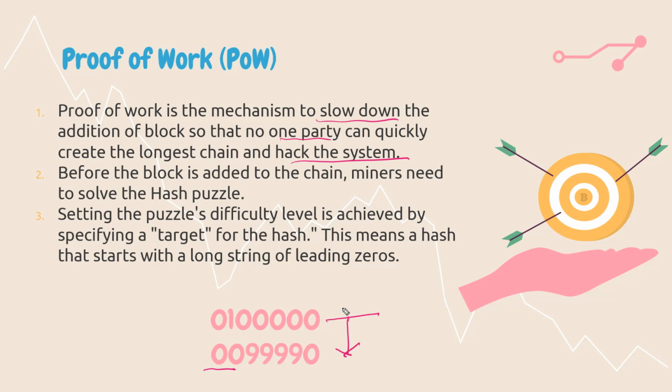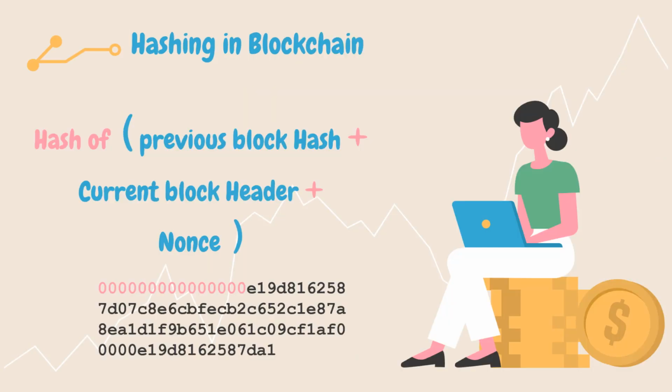In order for the block to be added to the chain, it has to satisfy the requirement of the hash value. So for adding the block, the first thing is that the miners, or all the nodes on the network, need to find the hash value which satisfies the target value. And that target value actually defines the difficulty of the puzzle.